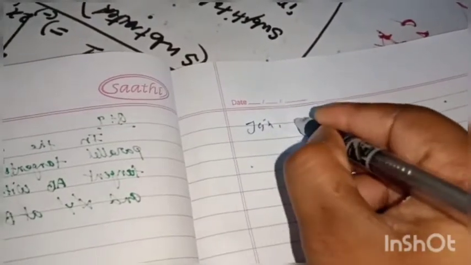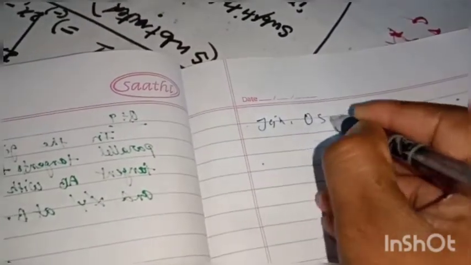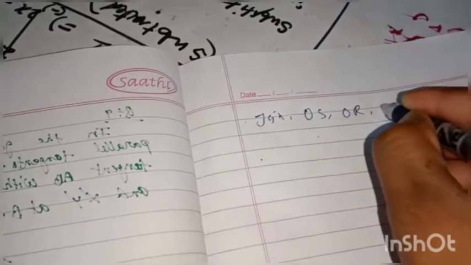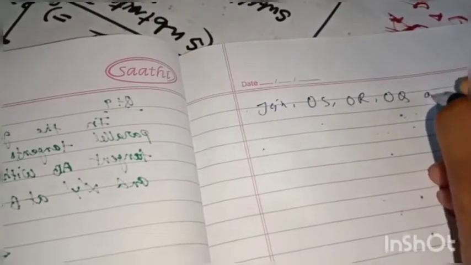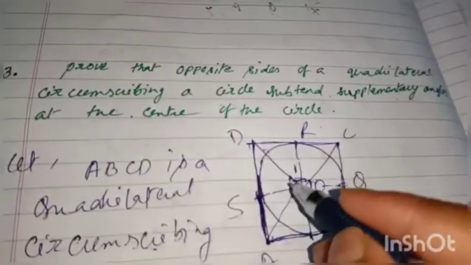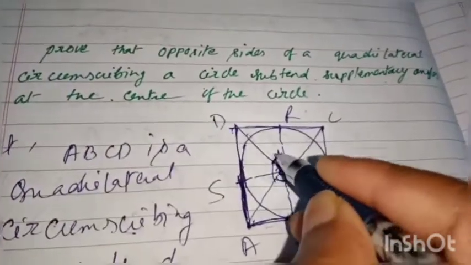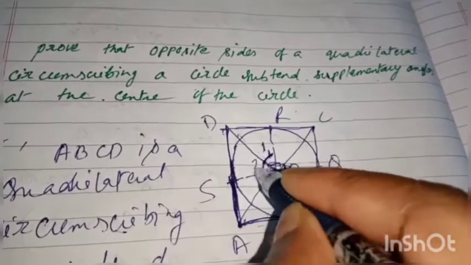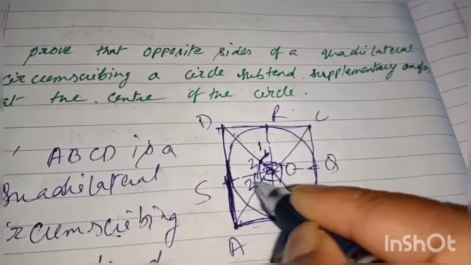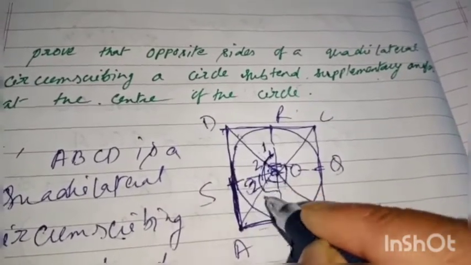So right here, join OS, OR, OQ and OP. Okay. Now see here, these are angles. So this is angle 1, numbering the angles. This is 3. This is 4.